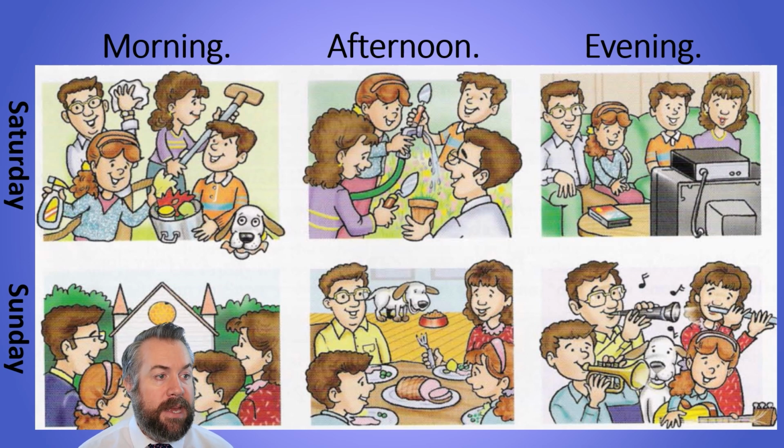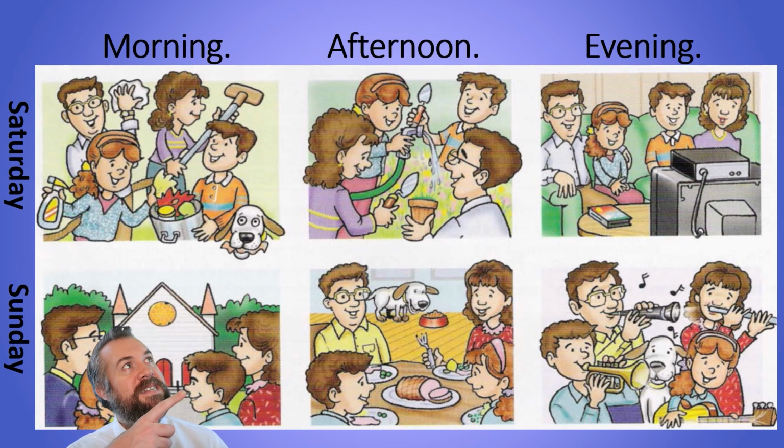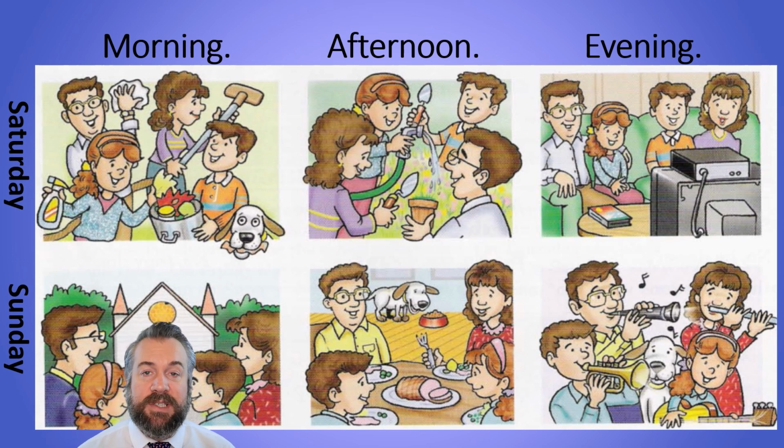On Saturday morning, they clean the house. What do they do on Saturday afternoon? What do they do on Saturday evening? What do they do on Sunday morning? What do they do on Sunday afternoon? And what do they do on Sunday evening? You can use this to ask and answer some questions. We'll come back to that in a moment.